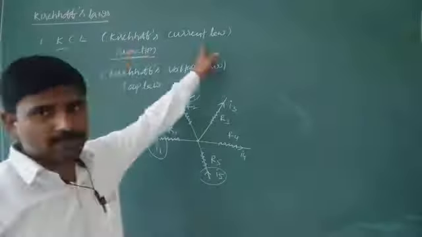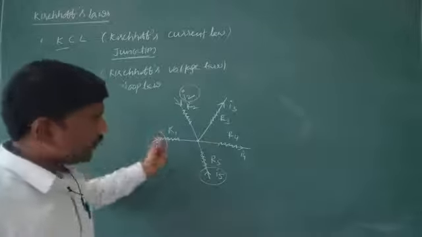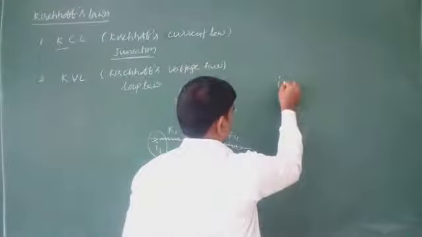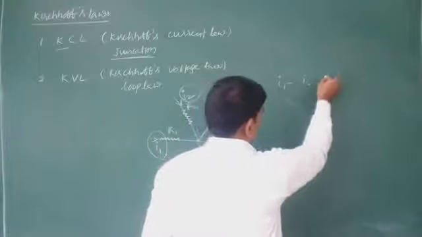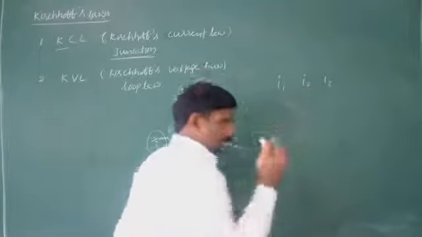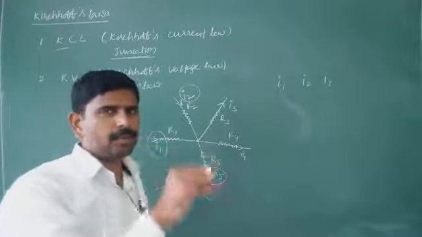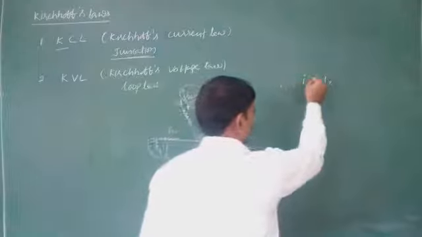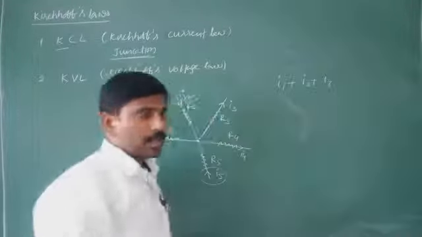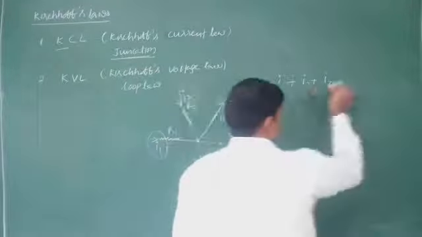According to the Kirchhoff current law, the total current, meaning the sum of the currents entering the junction, is I1 plus I2 plus I5.